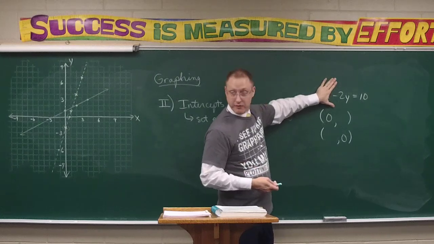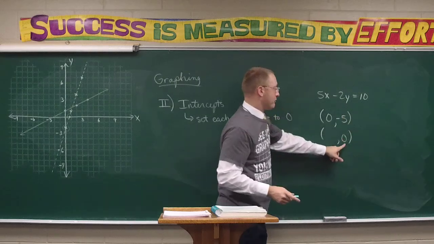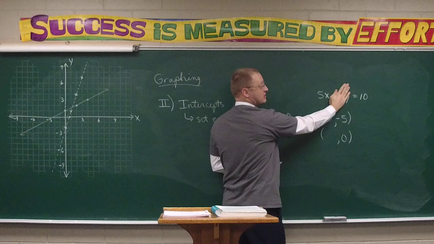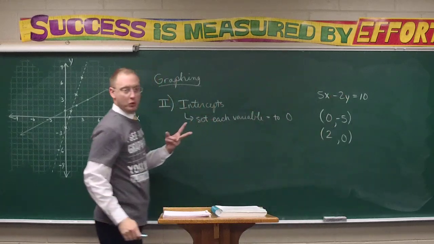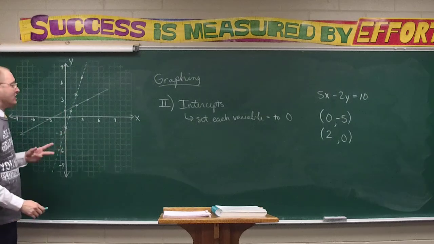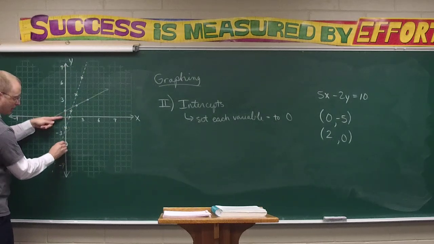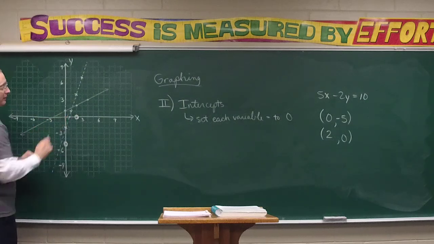Negative 5, when I divide away the negative 2. But if I plug a 0 in for the y, this term drops out. I'm left with 5x equals 10. So x must be 2. And those are my two intercepts. 0, negative 5: over nothing, down 5. And 2, 0: over 2, up and down nothing.